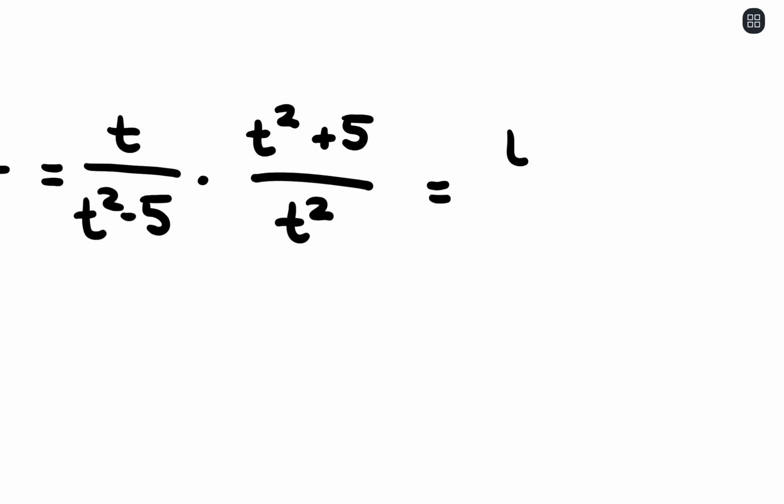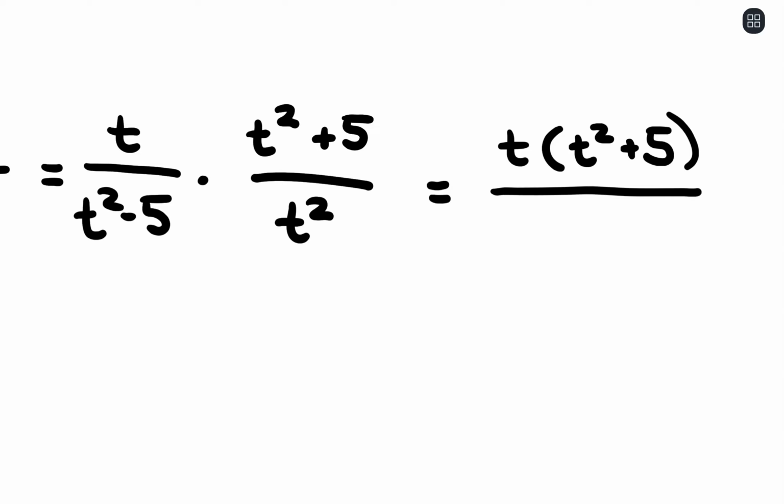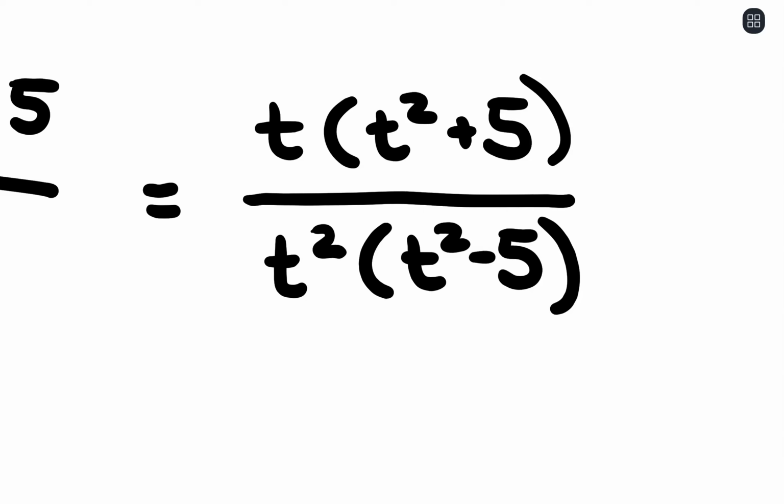So I'm going to do one step here of showing how this is t times t squared plus 5. And there isn't any factoring to do here. This isn't a difference of squares or anything. And then the denominator, we have this t squared times t squared minus 5. And keeping it in this factored form, I can see I can cancel out a t value.